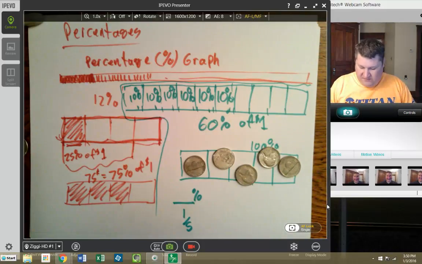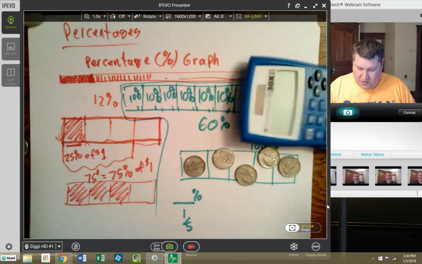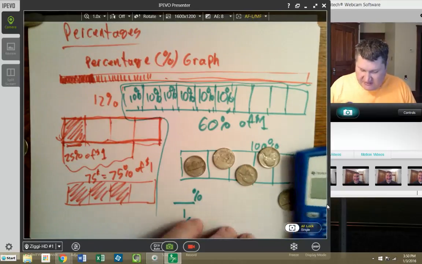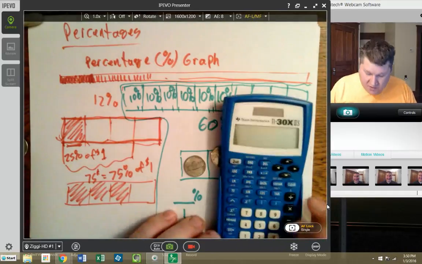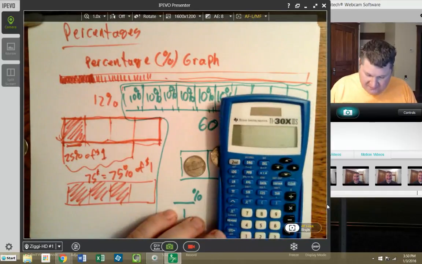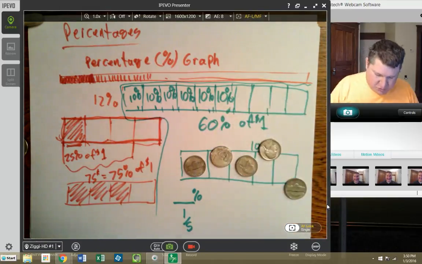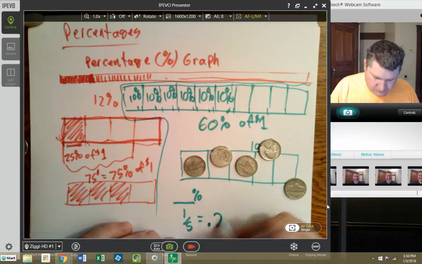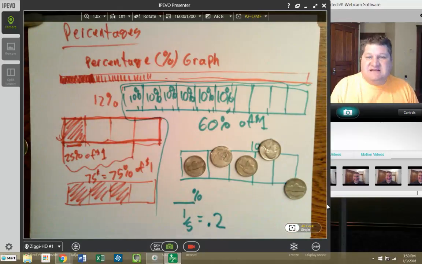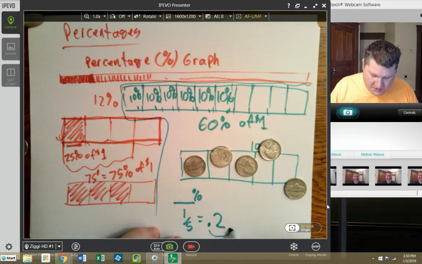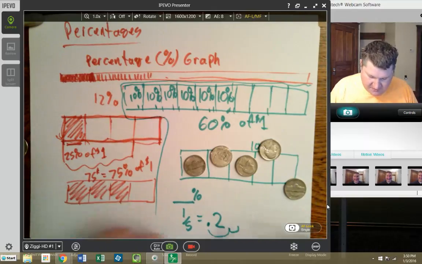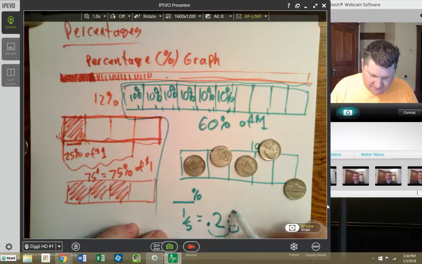Well, to turn a fraction into a decimal, all I have to do is take the top number, 1, and divide it by the bottom number, 5. 0.2. Now, 0.2 is not a percent. It's a decimal. But how do I turn a decimal into a percent? 1, 2 spots over. And what do you put in the blank spot? A 0. And so that's going to give me 20%.